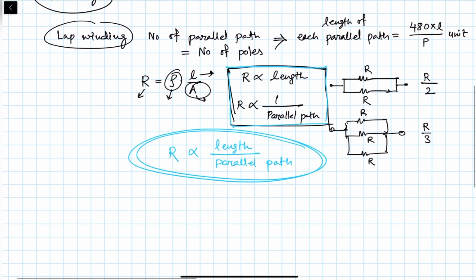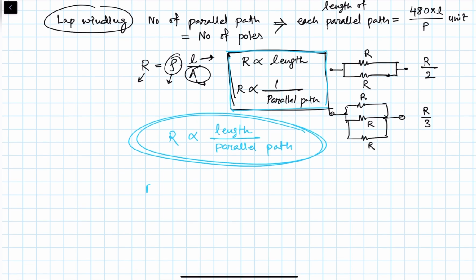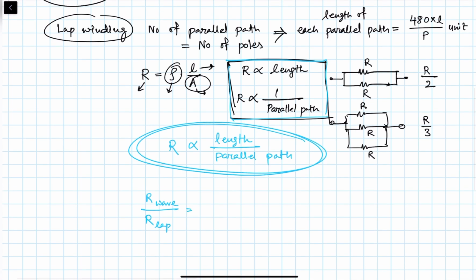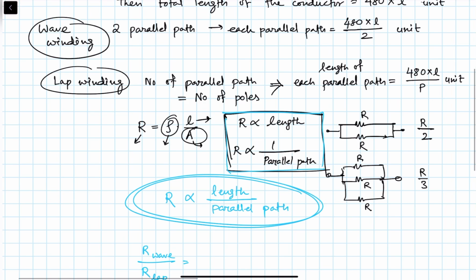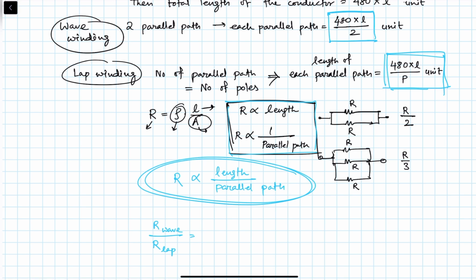In the first case, if I just take the ratio, that will be better. So R wave by R lap, let's take the ratio. Then the length, we have already calculated: 480 into L by 2 for wave and 480 into L by P for lap.